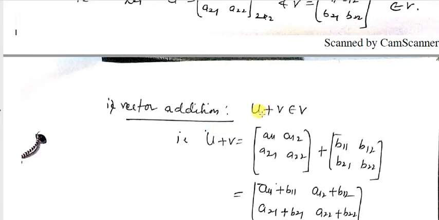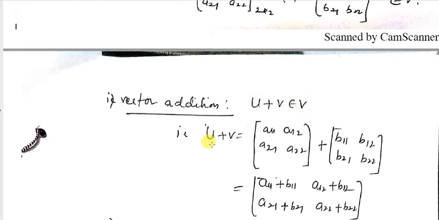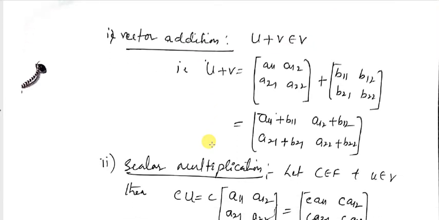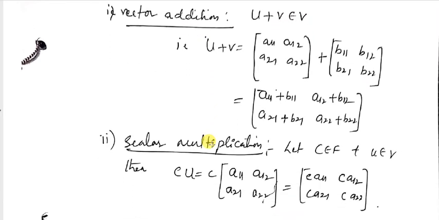As we know, according to algebra of matrices, the sum of two matrices is again a matrix. So U plus V belongs to V, obviously. Making the sum component wise, again we get a 2 cross 2 matrix which belongs to V.